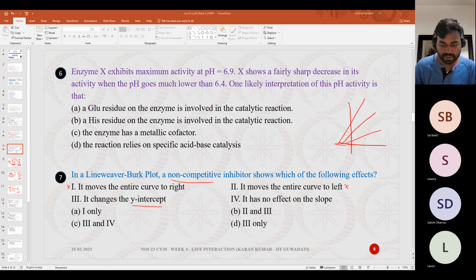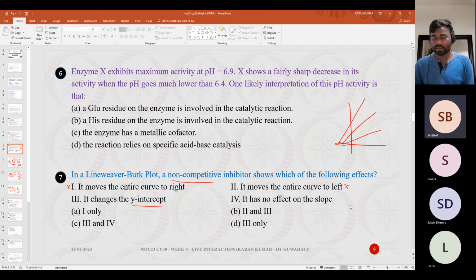Let me cross verify the question itself. What was the question? Non-competitive. Is it clear now?